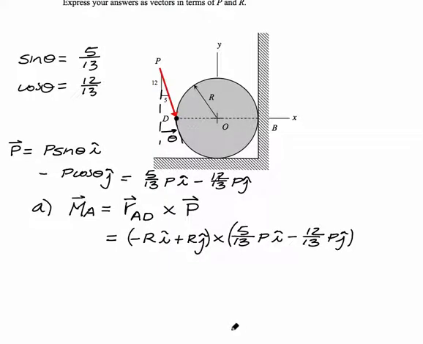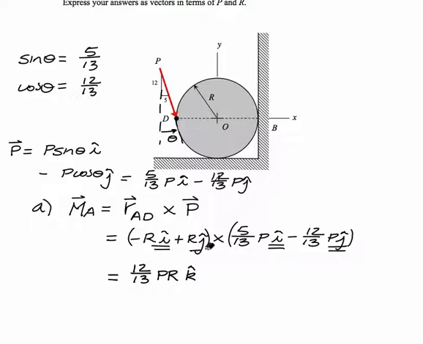When I cross these through, I see that I get no contributions from I cross I, but when I do I cross J, what I'm going to get here is a 12 over 13 P times R. And that's with a plus sign because I cross J is a K and the two minus signs become a plus.